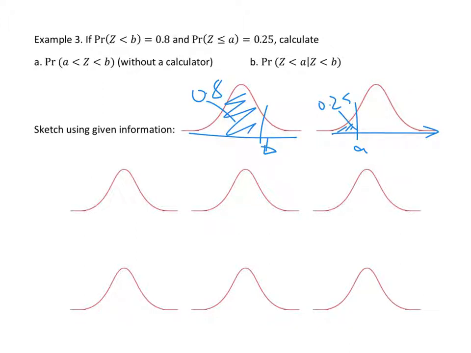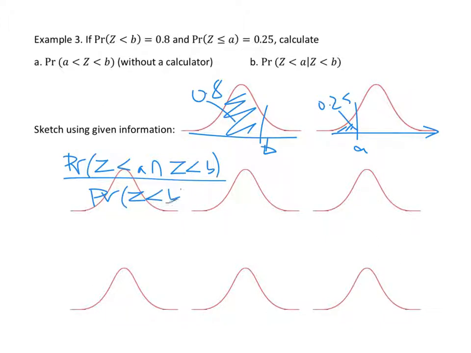So the probability of z less than a given z less than b requires a conditional probability equation. If we do the conditional probability over here, it's the probability that z is less than a intersection with z less than b, divided by the probability of z less than b.